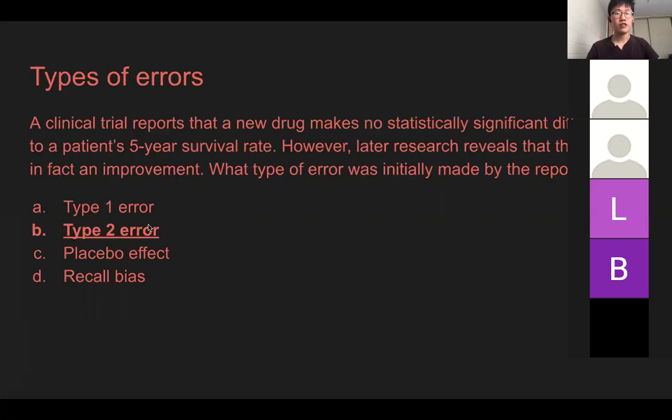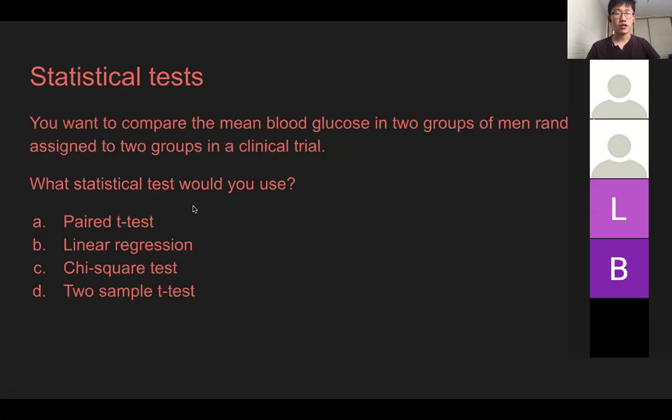It's a type 2 error. It's a false negative. So people think there's no difference, so they've accepted the null hypothesis, but that is in fact wrong. There was in fact an improvement. So that's a type 2 error.